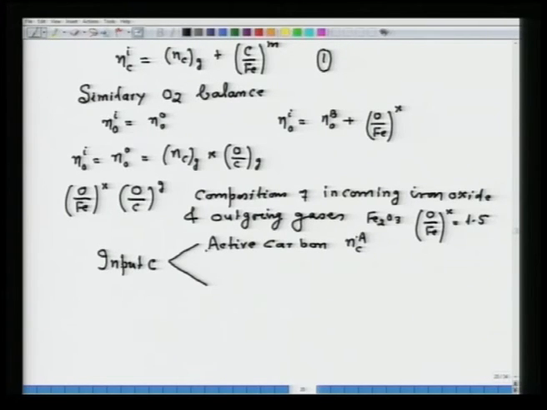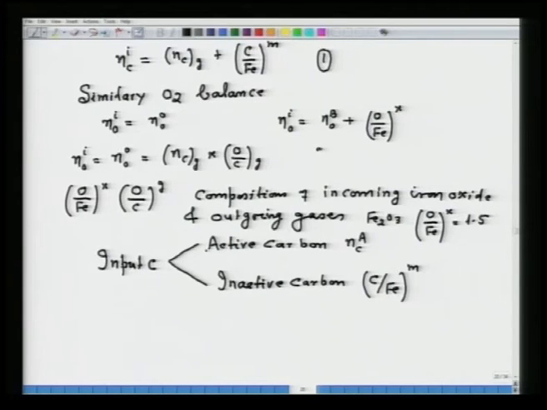The active carbon is that amount of carbon which reacts with oxygen, and second is the inactive carbon. Inactive carbon is that carbon which dissolves in pig iron, that is C upon Fe m. The carbon which is dissolved in iron, we call an inactive carbon.